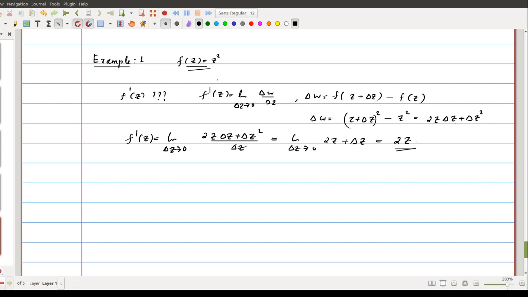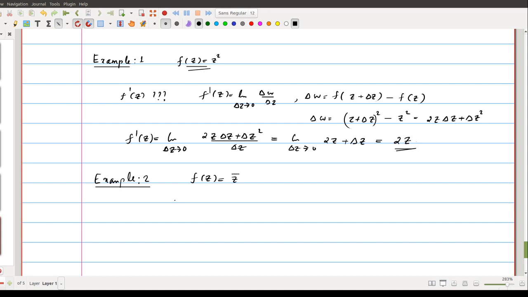Now I'll discuss one more example. Example 1 says that f has a derivative at every point of the complex plane for the function f of z equal to z square. Now I am going to discuss another function, f of z equal to z conjugate.